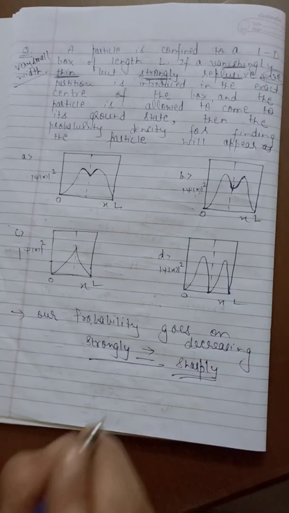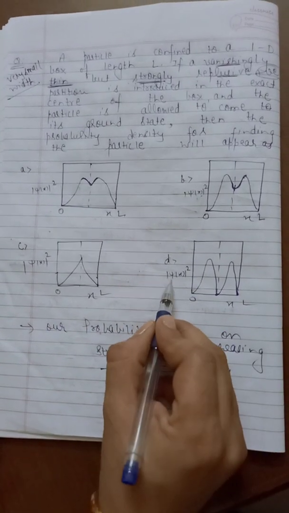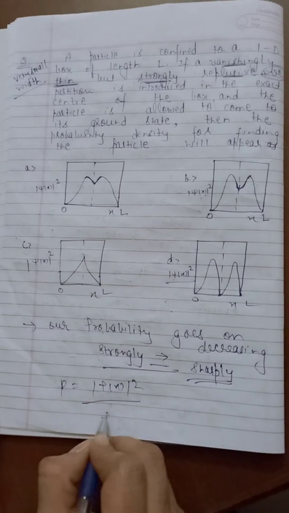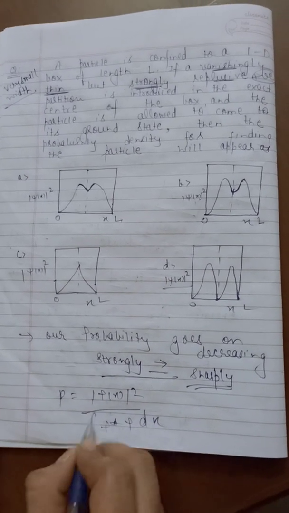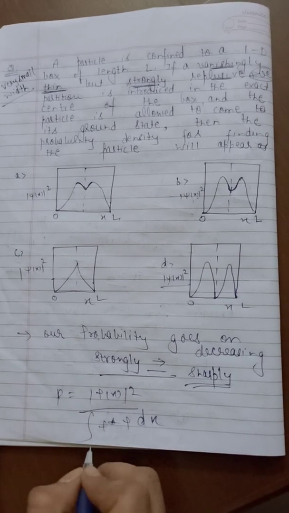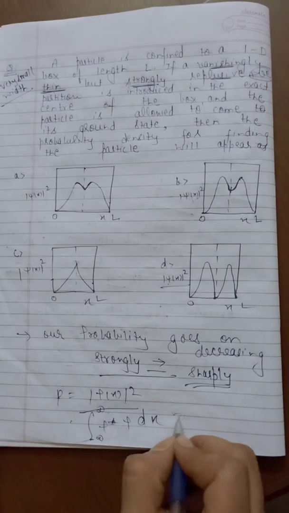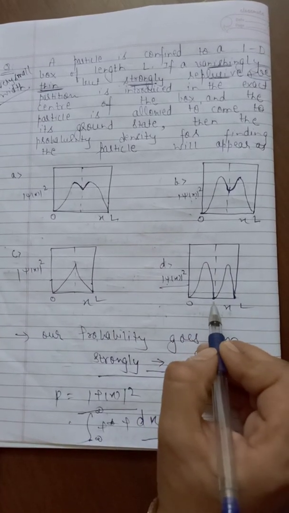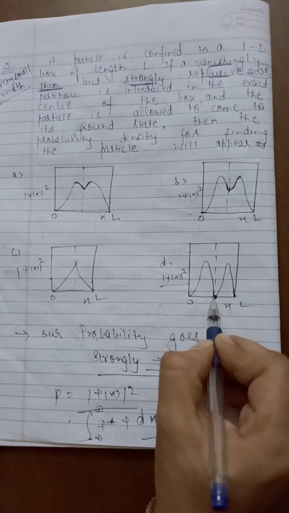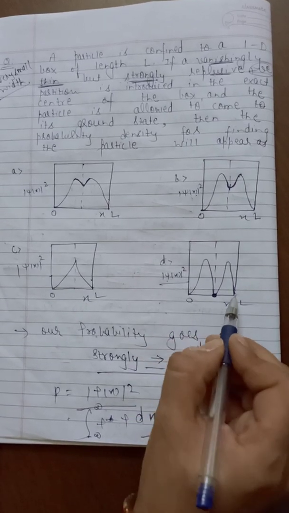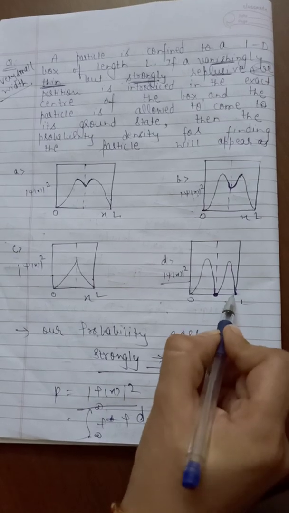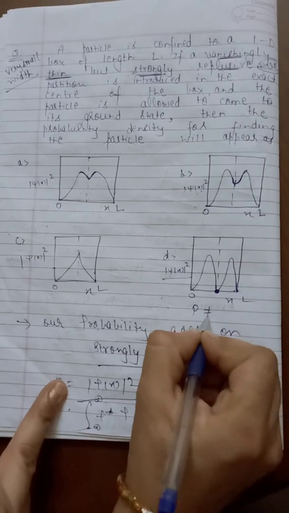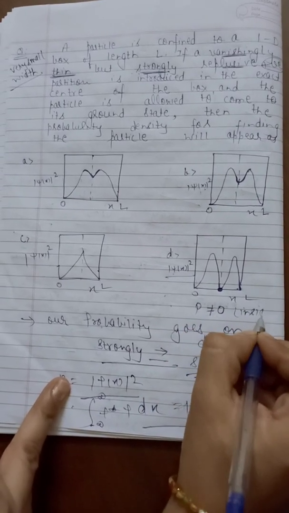Okay, let's see option D, psi x. We know that probability is the wave function mod squared, psi star psi dx, and the total over the range is 1. In option D we see that probability is 0 at the center, but we know that our particle lies inside this box, so the probability can't be 0 inside the box.